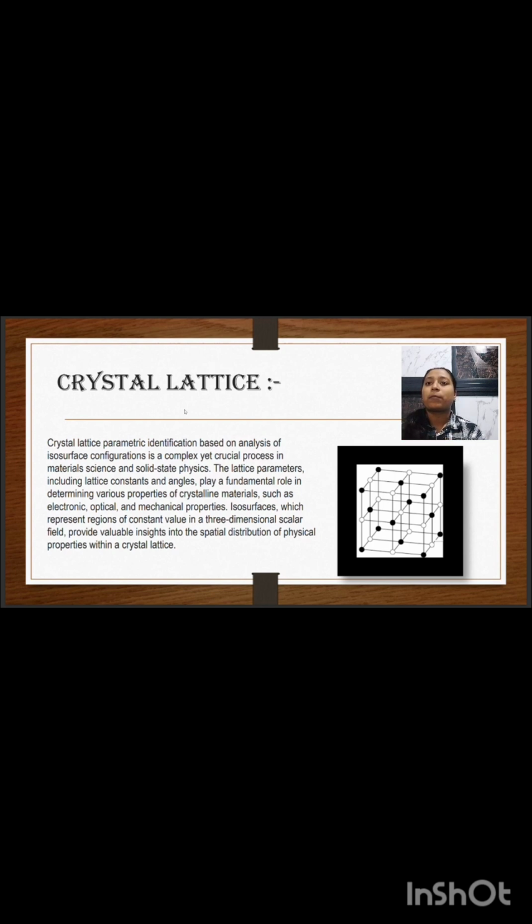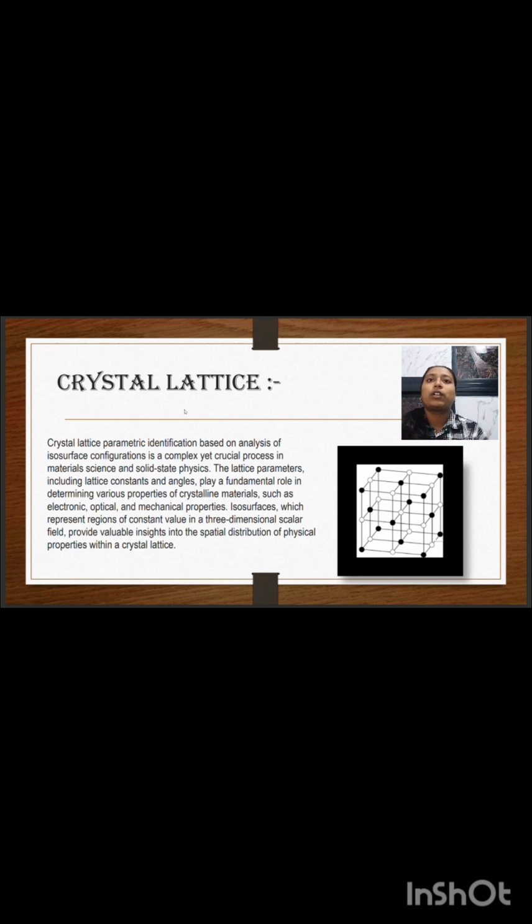Isosurfaces, which represent regions of constant values in a three-dimensional scalar field, provide very valuable insights into the spatial distribution of physical properties within a crystal lattice. As you can see in the figure, it shows how the crystal lattice is made and how it's performing.